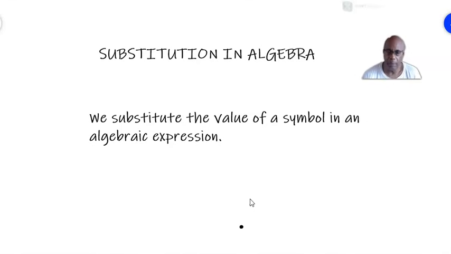In substitution, we are given the value of the unknown symbol or symbols, and you are asked to substitute that value or values in the expression in order to get the total value of the expression. And so that is what we are going to do today.